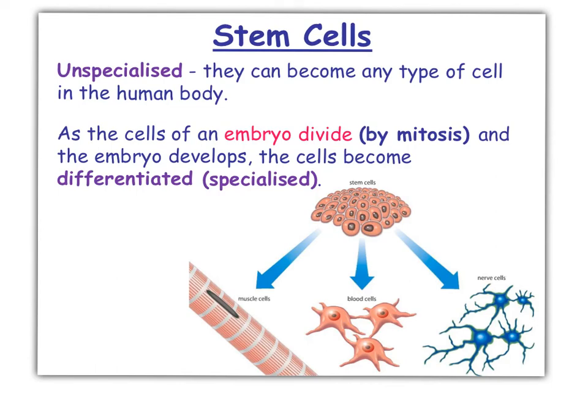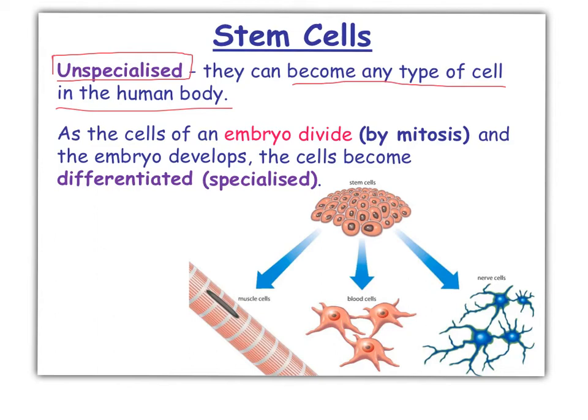Now, within that embryo, there'll be a part that contains what we call embryonic stem cells. Embryonic stem cells are unspecialised, and that means they can become any type of cell in the human body. So they could become muscle cells, blood cells, nerve cells, skin cells, hair cells.